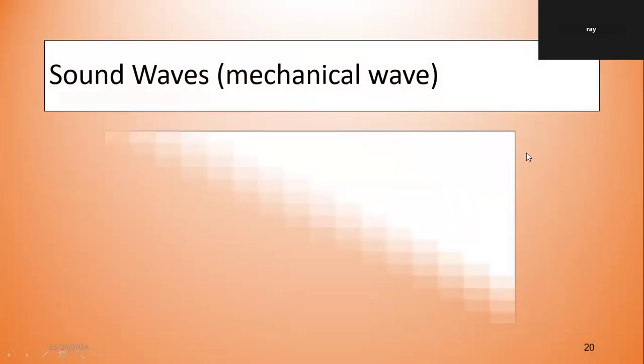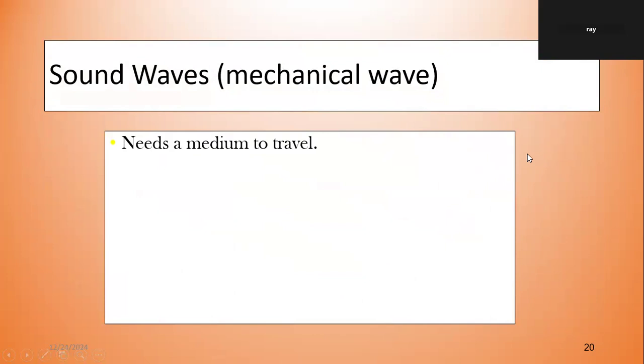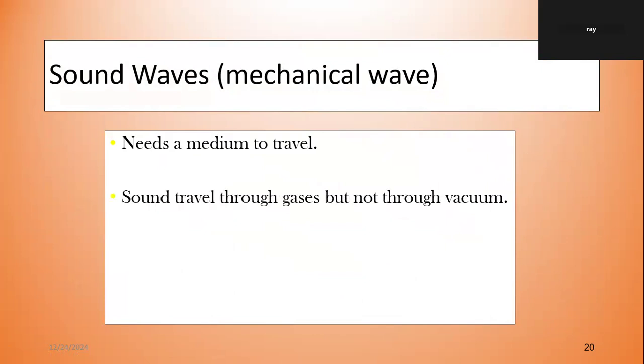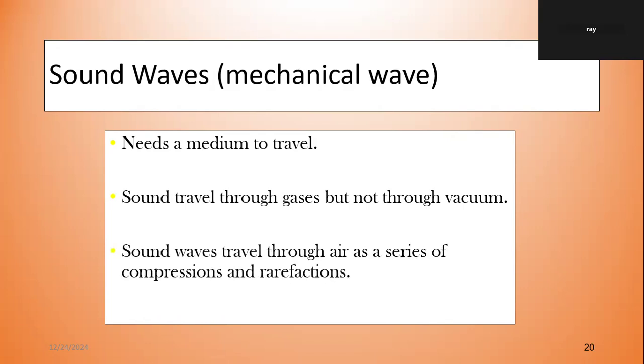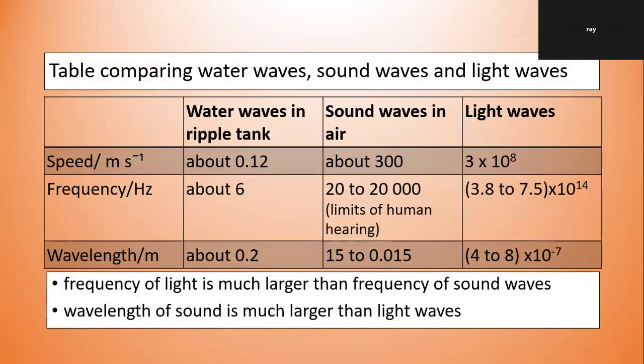Sound waves are mechanical waves. Need a medium to travel. Sound waves travel through gas, but not through vacuum. Sound waves travel through air as a series of compressions and rarefactions. This is just for your info. Frequency of light is much larger than frequency of sound wave.